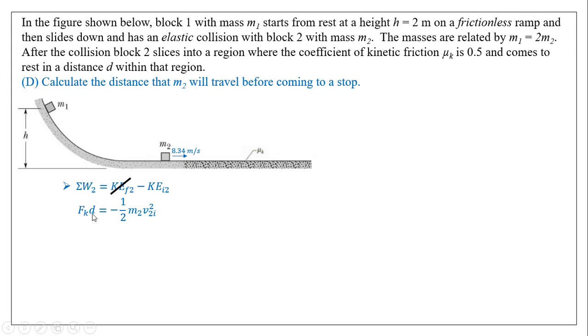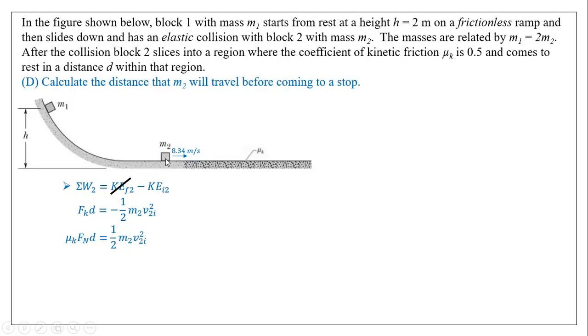Here I just wrote my displacement as D because the problem statement uses the letter D. It doesn't really matter because it's moving one way, so the displacement and the distance would be the same magnitude. And then on the right side, I'm just going to break it up into 1/2 M2 V2I squared, and I'm going to carry that negative sign down. Therefore, all you have to do is substitute out FK. FK is mu K F of N. But this is a flat horizontal surface and there are no additional funky forces.